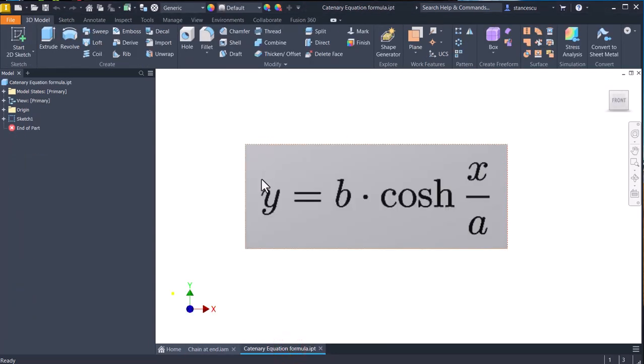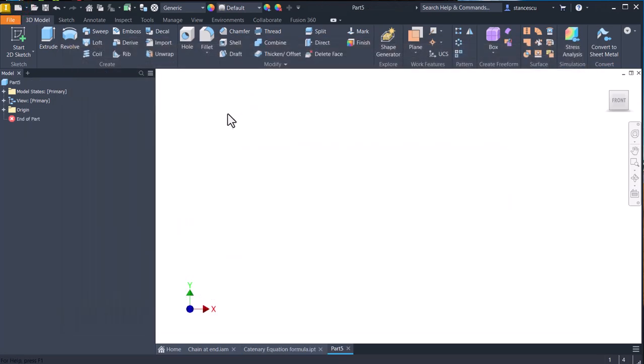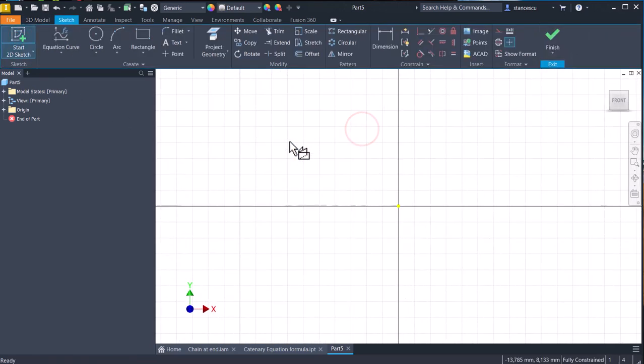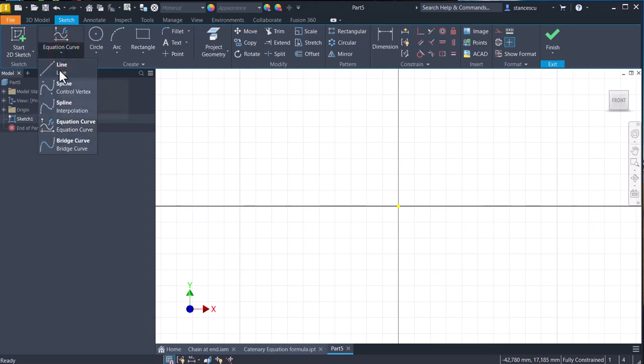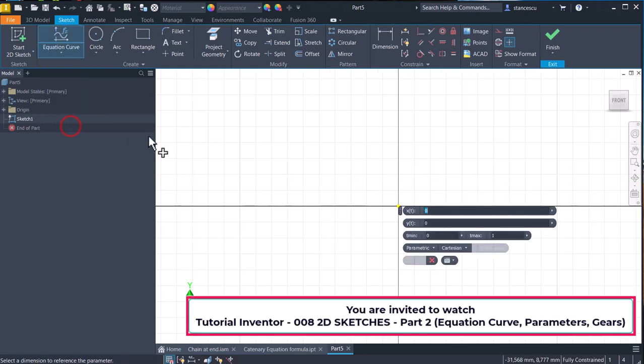This is the formula for catenary curve. We use Inventor, standard millimeters IPT, sketch in XY plane, and instead of a line we use an equation curve. You see here how it looks.